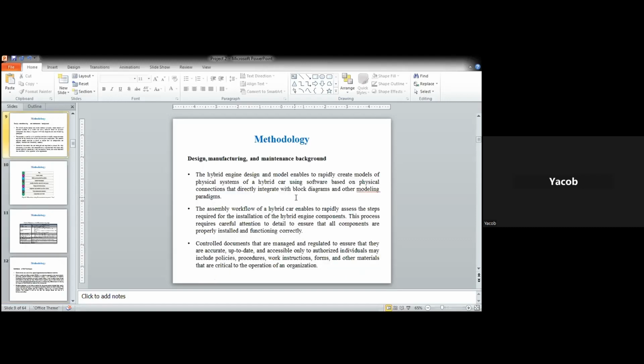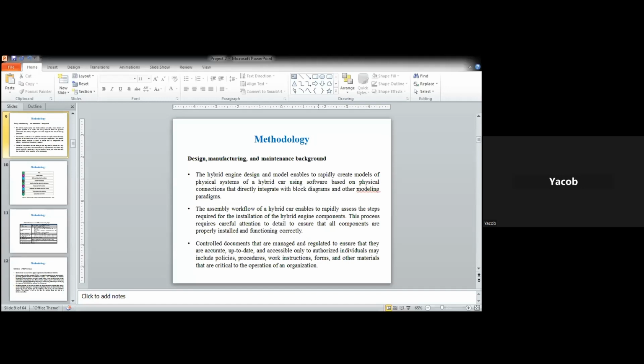In order to perform this 8D problem solving, the following methodologies we followed. The first thing that we did was to understand the design, the manufacturing, and the maintenance background of the hybrid engine. The design enables us to create models of the physical system of the hybrid car.